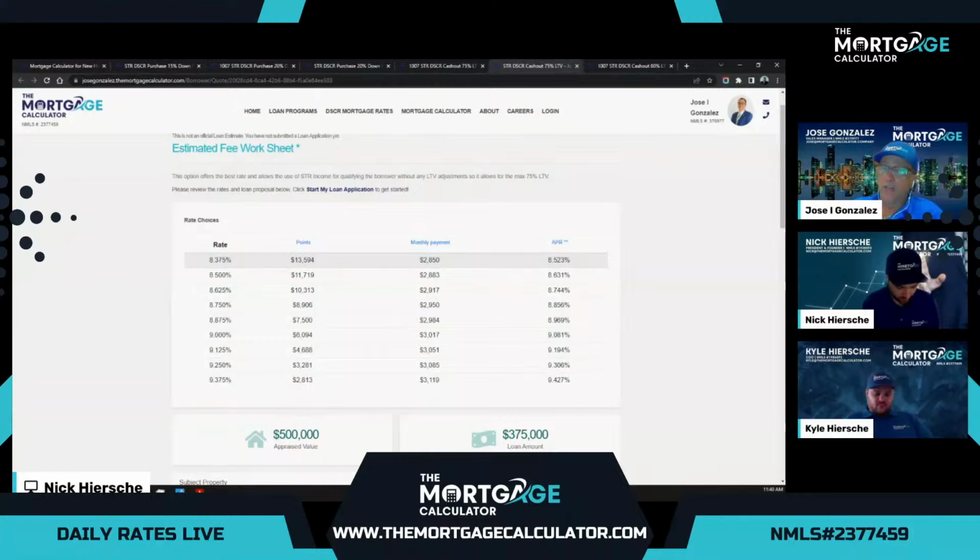But if we're lucky enough to get the appraiser to put suitable short-term rental comps on the 1007, we can use them without any type of restrictions. And then you have anywhere from a 9.375 rate, buying it down to an 8.375 rate.